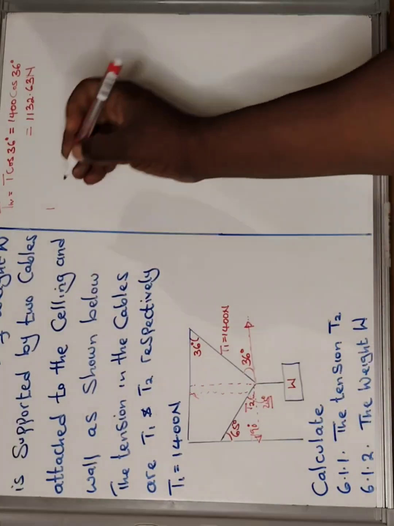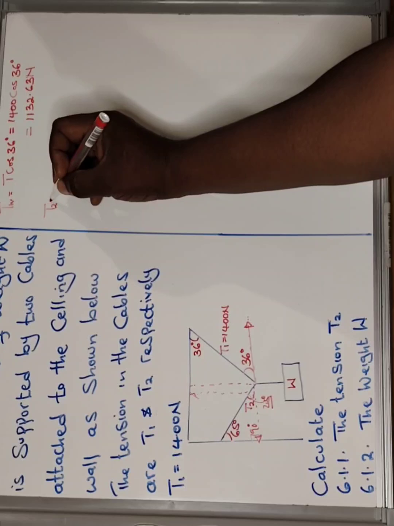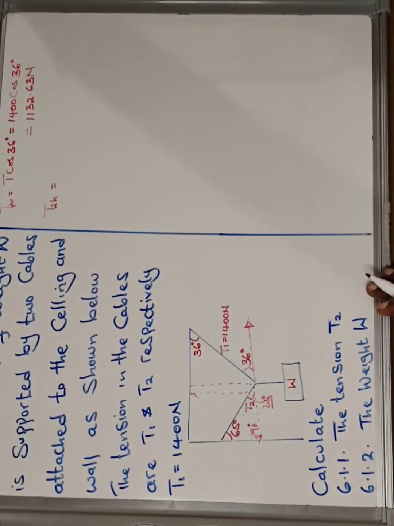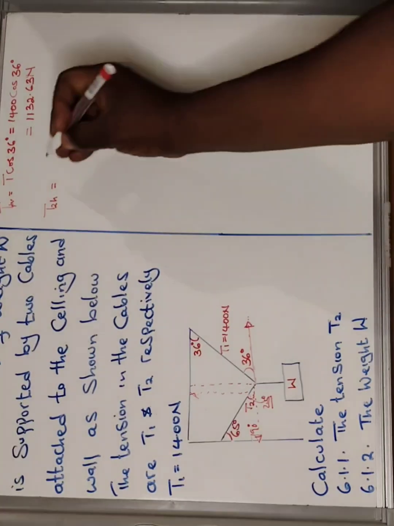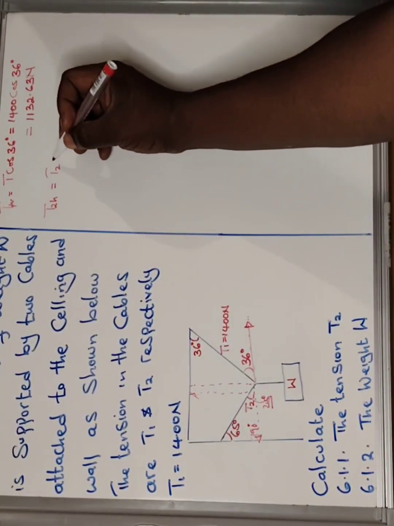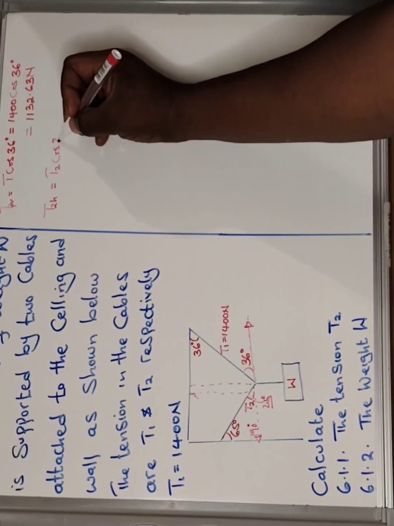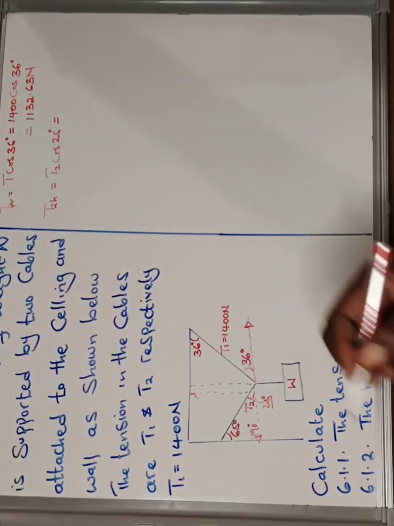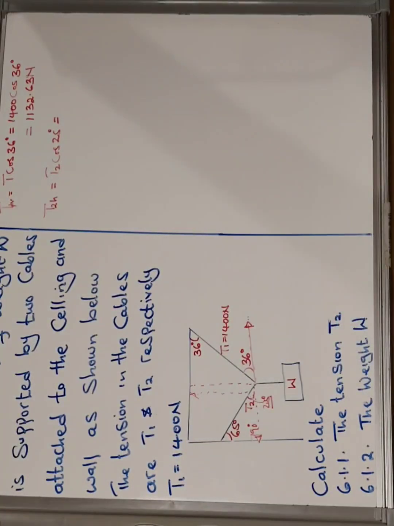So in other words, this is T1 horizontal, T2 horizontal is going to be what? Okay, we don't know. It's going to be T2 cos 25 degrees. That's what we know. You have to remember that if this angle is 25, the component next to the angle is a cos.